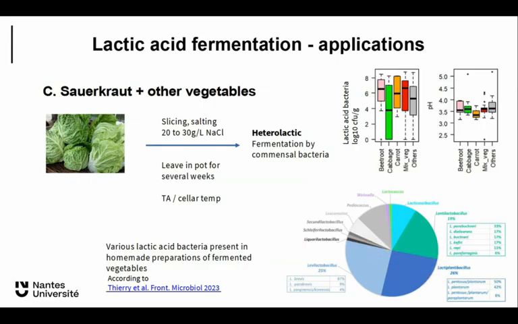Normally, if you look this up in sauerkraut, it will say that it's caused by Lactobacillus plantarum. So this is the previous name of what is now called Lactoplantibacillus, not Lactobacillus plantarum. So you have this mixture of these lactic acid bacteria and other things like Leuconostoc again, Weissella, this kind of thing.